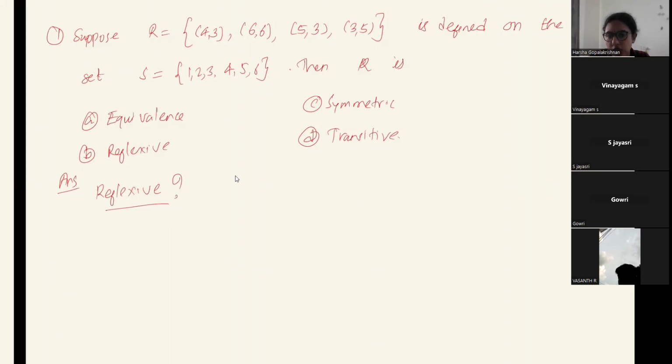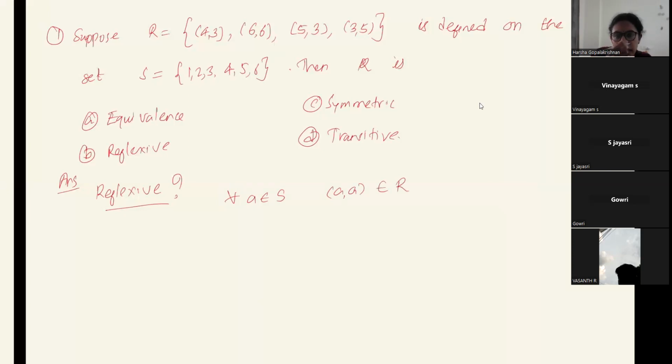So before that, let us go to the reflexive condition. What is the reflexive condition? For any element in the set S, for all A in S, A should belong to R. Is this true here? No, it is not reflexive.